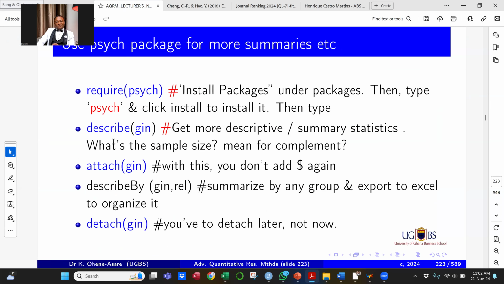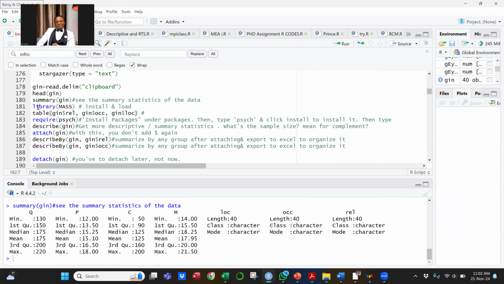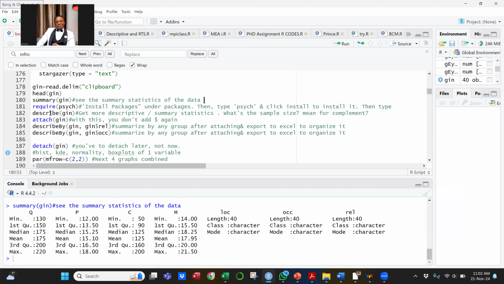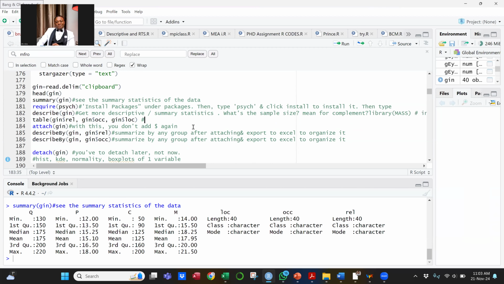Now, let me bring that something else before we go to the next command. To do that, you need to require a package. The name of the package is psych. You've used it before.